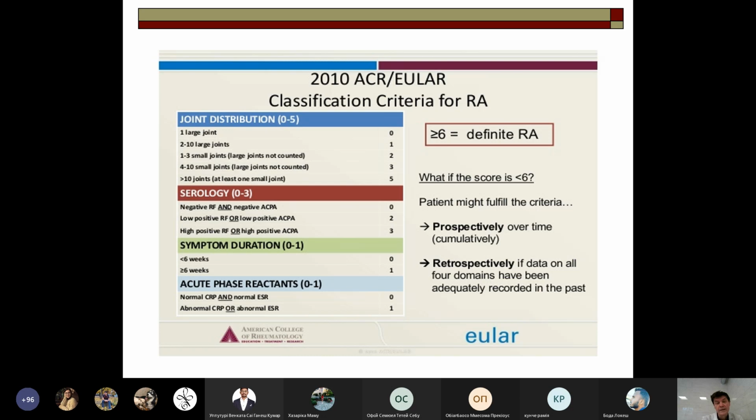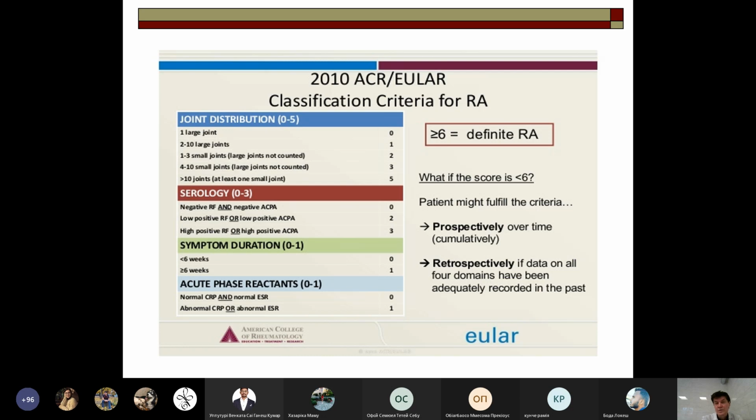You should calculate all these points, and if from 10 points your patient has 6 or more points, your diagnosis is referred to as established. So to easily understand how it works, please download the appropriate program on your smartphone to easily calculate the total sum of these classification criteria for rheumatoid arthritis.